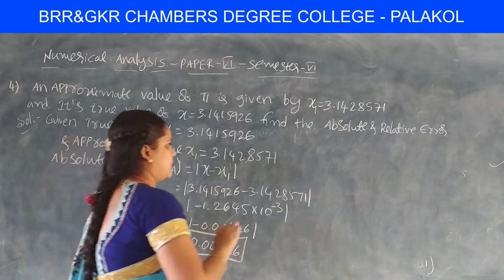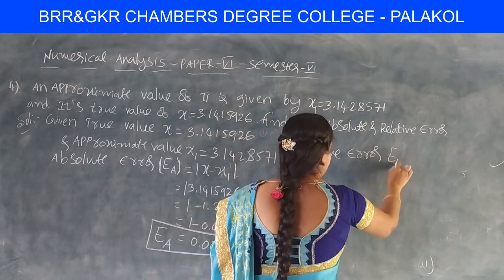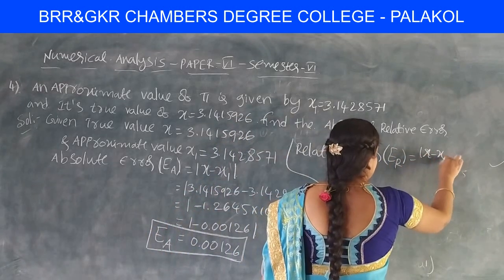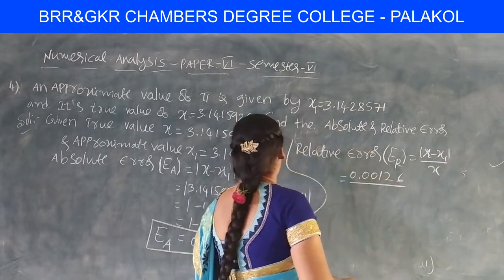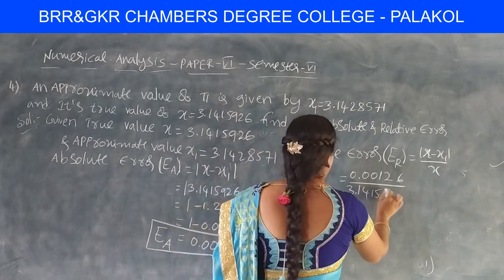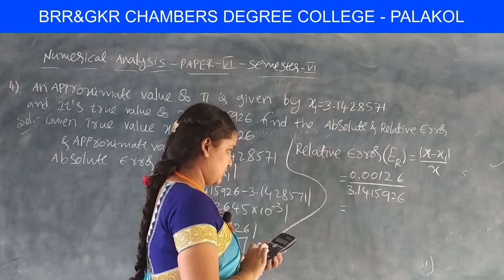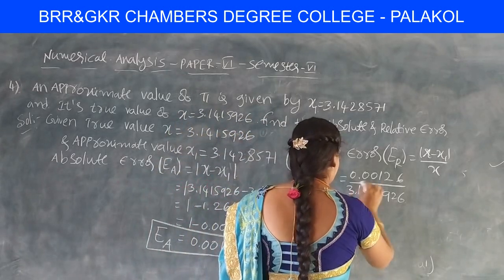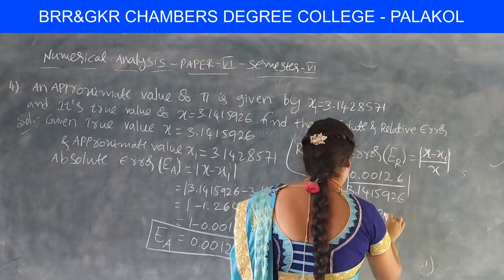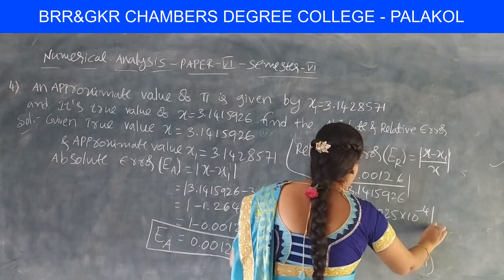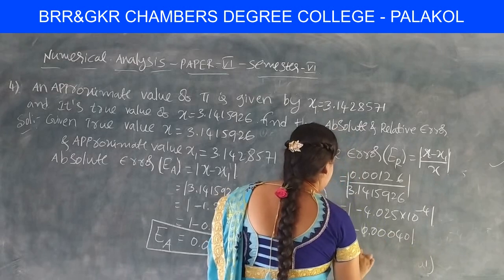Now to find the relative error. ER is equal to modulus of x minus x1 by x, which is nothing but 0.00126 divided by the true value 3.1415926. This gives 4.025 into 10 to the power of minus 4, which is 0.0004. Modulus value is always positive.